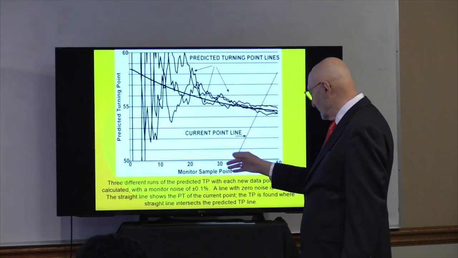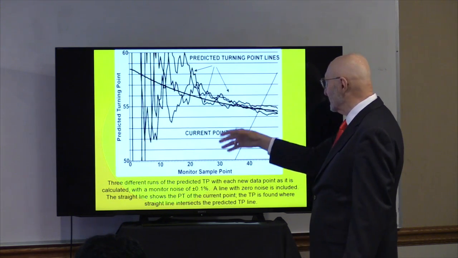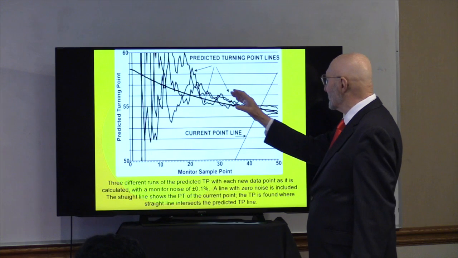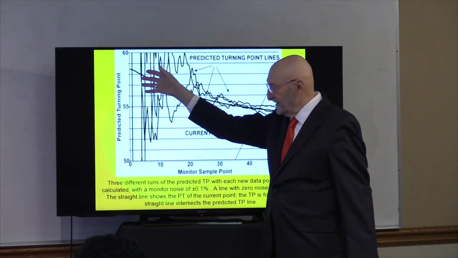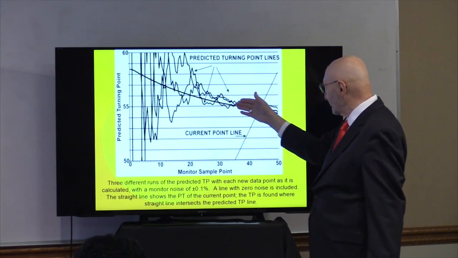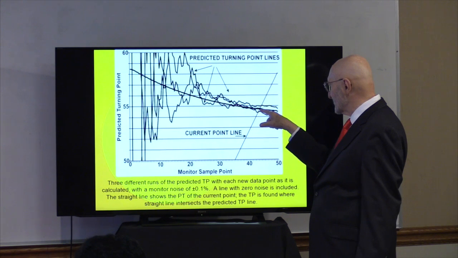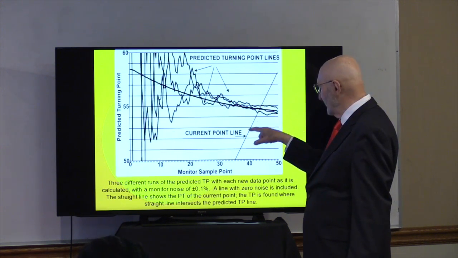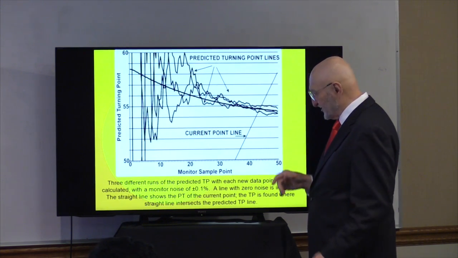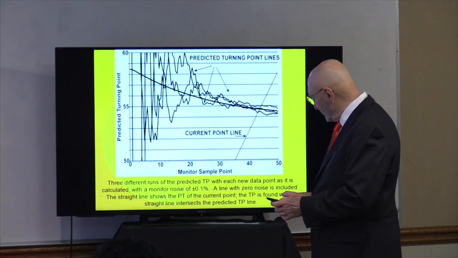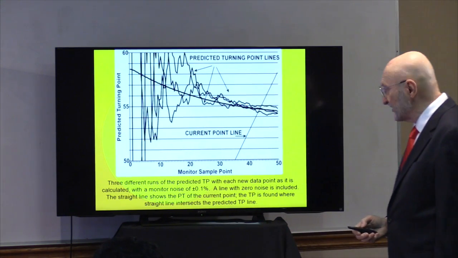This is just the count of 35, 36, 37, etc. And this is the prediction from those 3 points, which is way off here and gets better and better. And when the predicted turning point matches the current point, that's the turning point. And so this is pretty insensitive to noise and works good in the simulation.